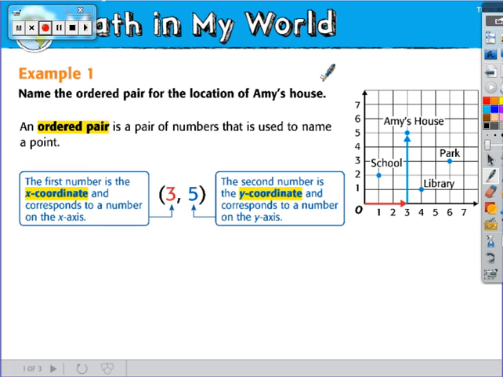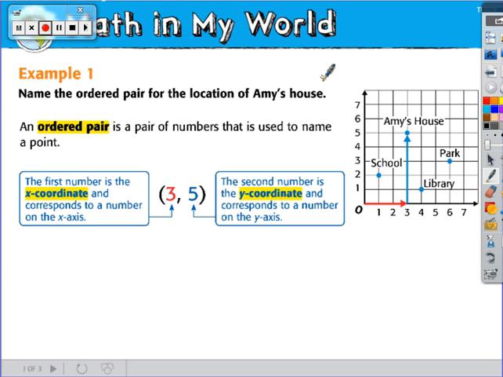All right. The second number is the y-coordinate and corresponds to the number on the y-axis. Now, where the point is located is where those two axes intersect. So where the x and y cross each other at those points.